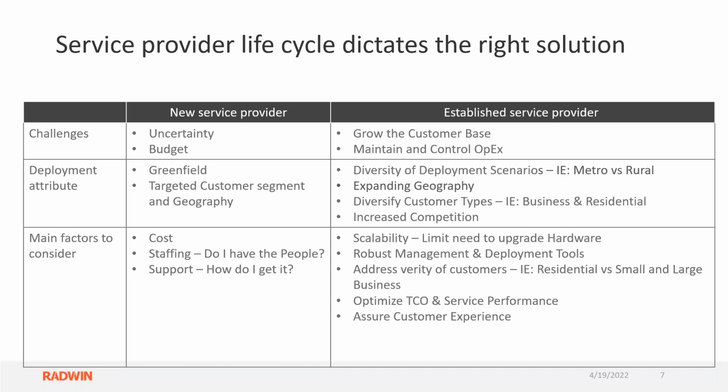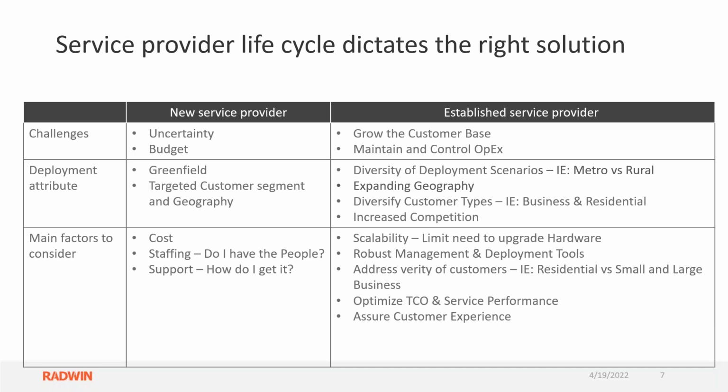I need to make sure that I have management and deployment tools to make it easier. What tools do I need to give to my crews, so that when they go out and do an install, it's efficient and robust and they can get their job done quickly and move on to the next site? The types of customers: are they good quality customers?